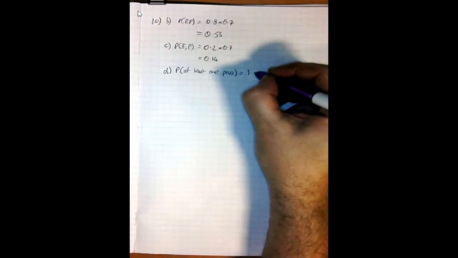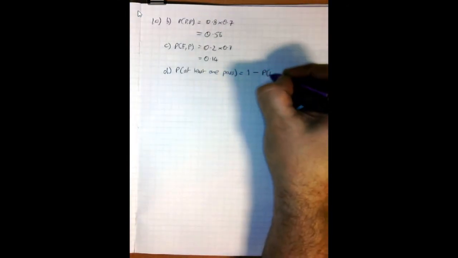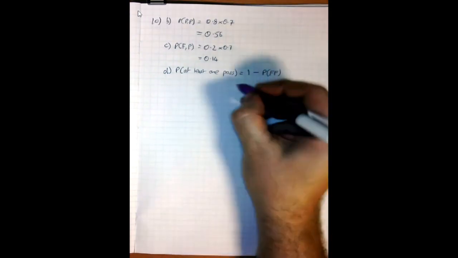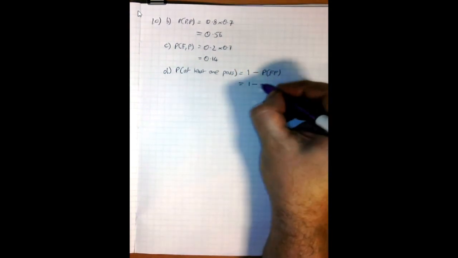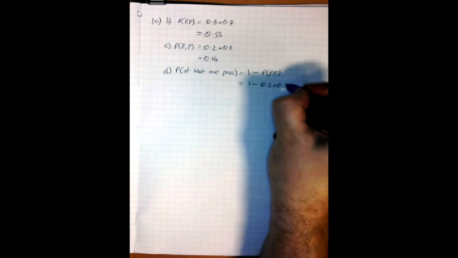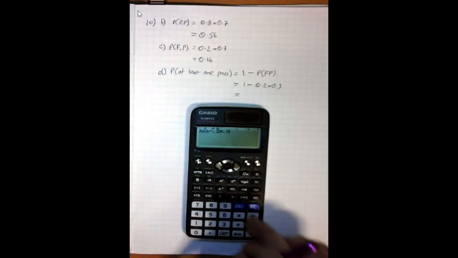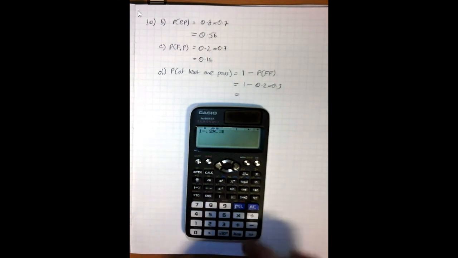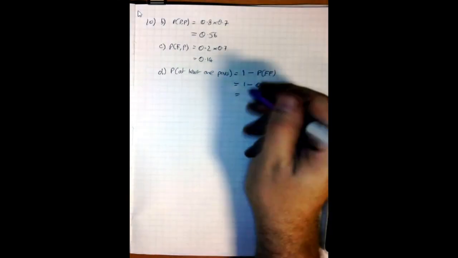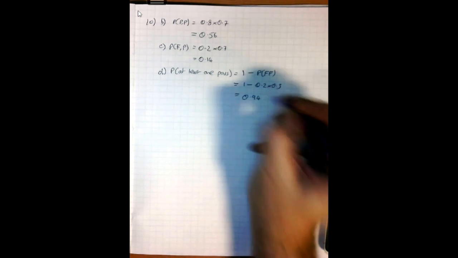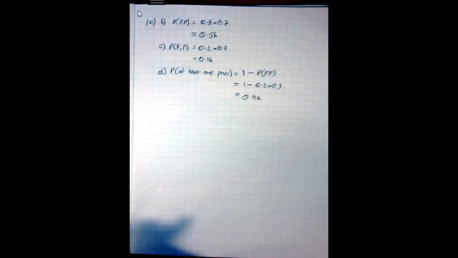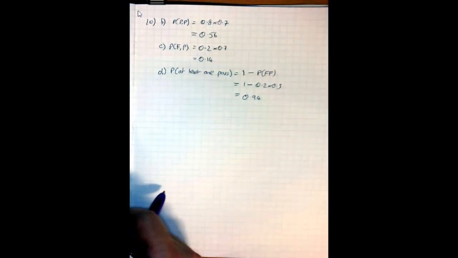So 1 minus 0.2 times 0.3. Oops. 1 minus 0.2 times 0.3 is 0.94. Okay, we are there.